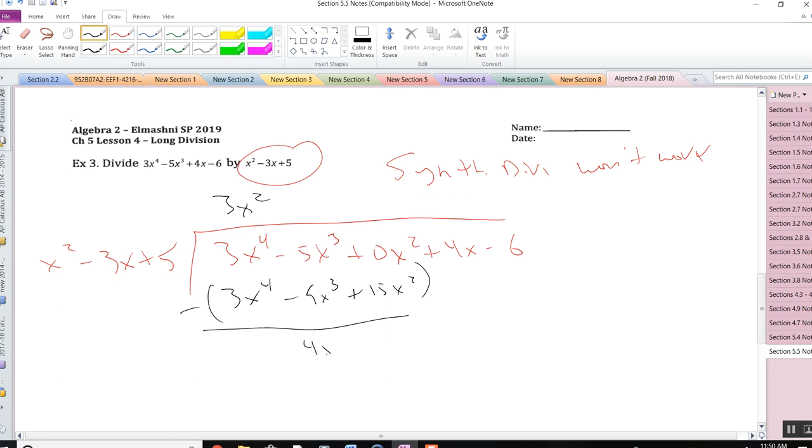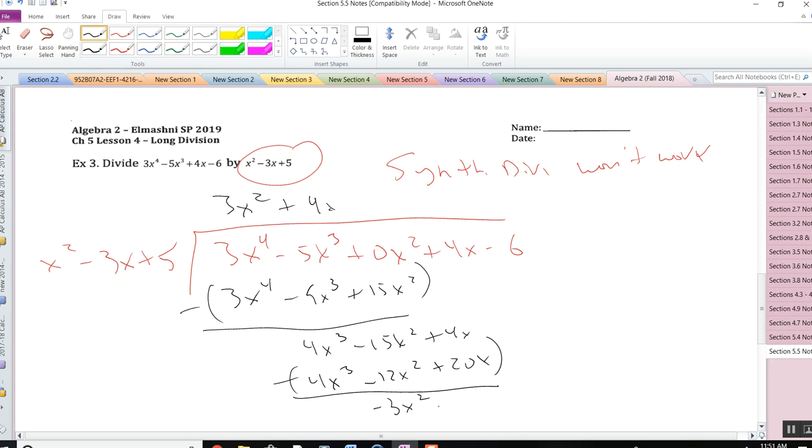Do it correctly, you should get 4x cubed minus 15x squared, and down to 4x. That goes in 4x times. So 4x cubed minus 12x squared plus 20x. Those cancel, you get negative 3x squared minus 16x plus 6. That goes in negative 3 times.